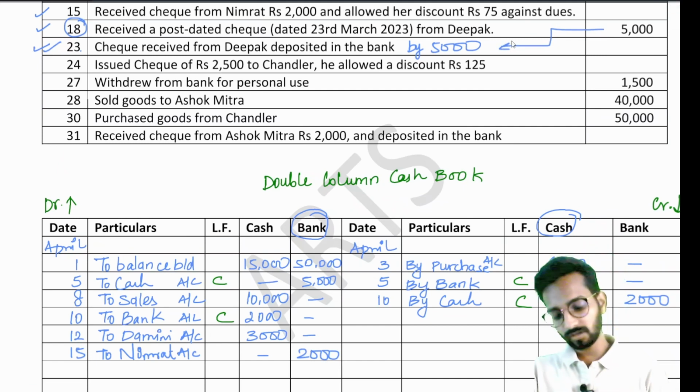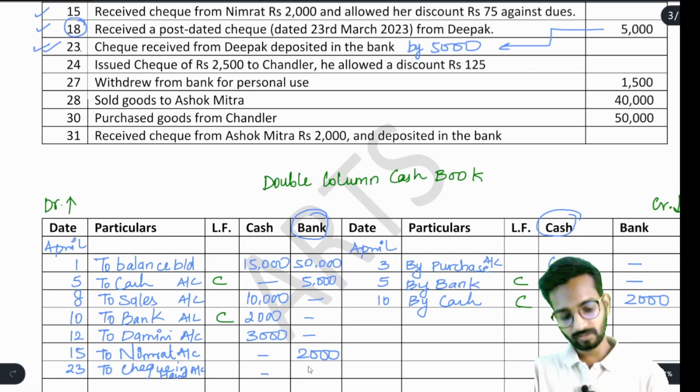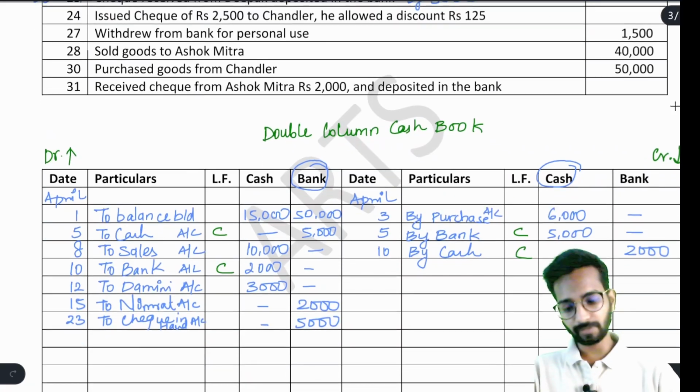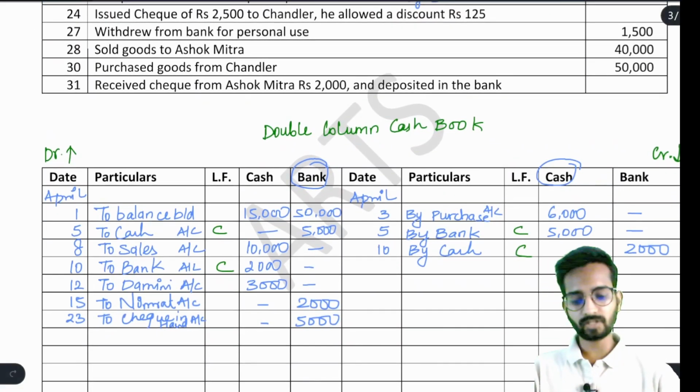So on 23rd April we will write to check in hand account, since we had already received the check, how much? 5,000 rupees. Next part we have is on 24th April, issued check of rupees 2,500 to Chandler and he was allowed a discount of rupees 125.